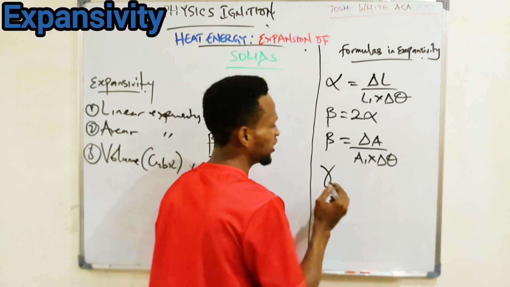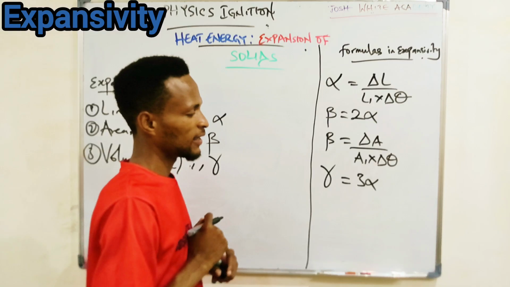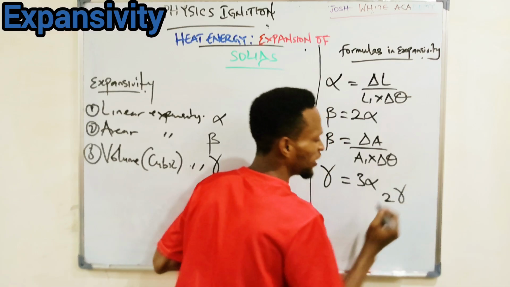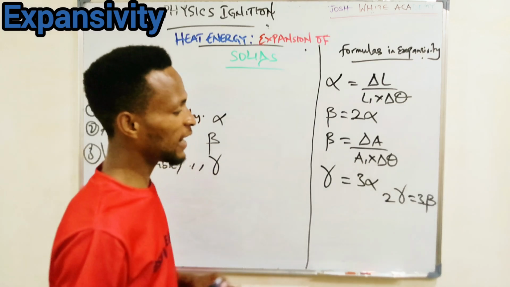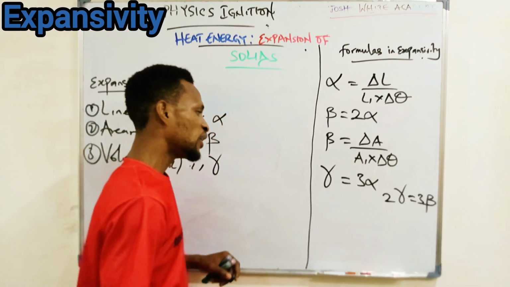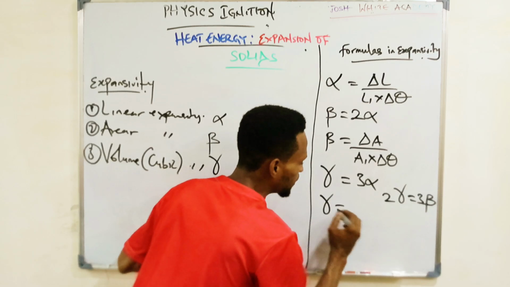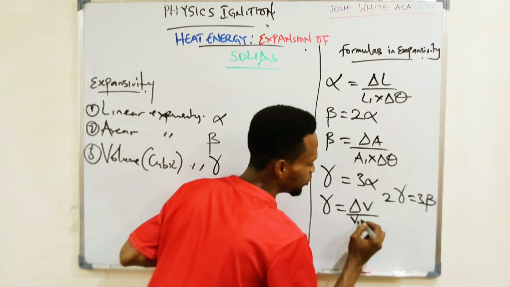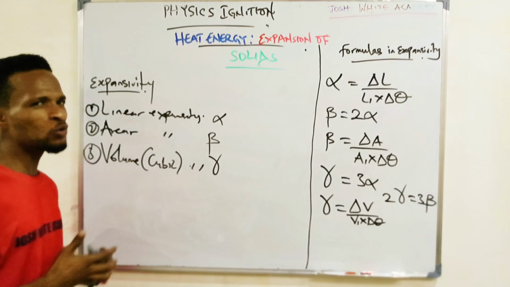So volume expansivity is 3 times linear expansivity, and also 2 times volume expansivity is equal to 3 times area expansivity. So cubic expansivity is equal to change in volume all over initial volume times change in temperature. There is something of note also.